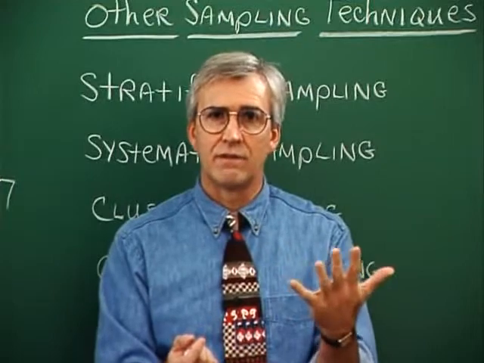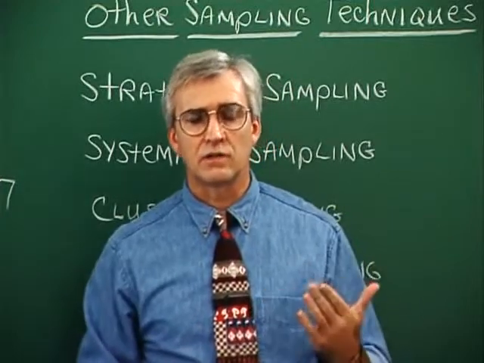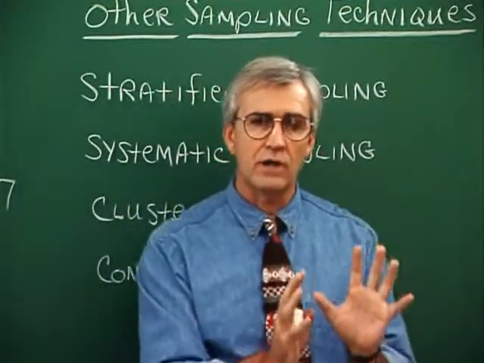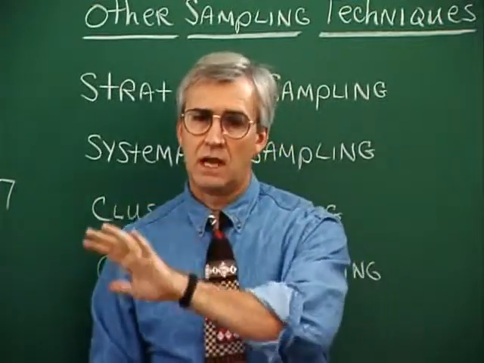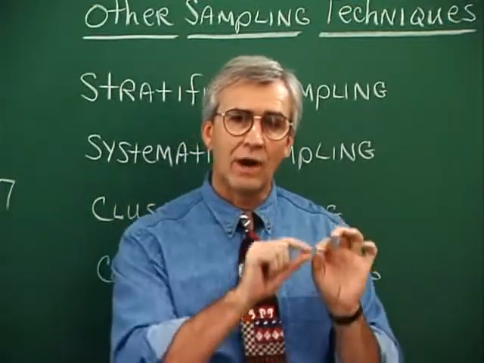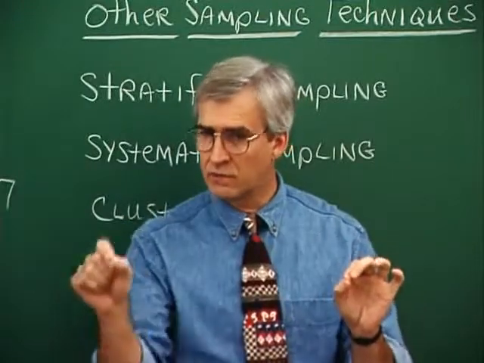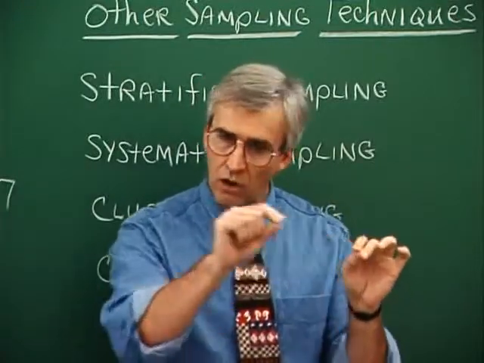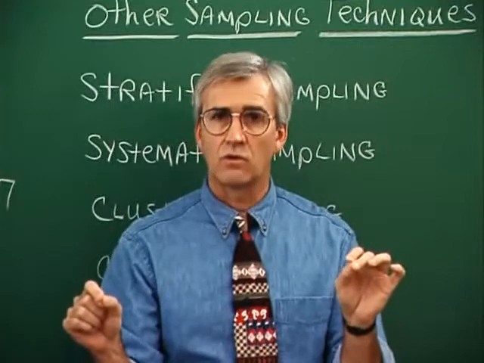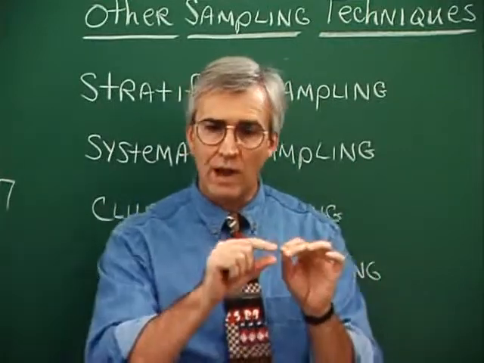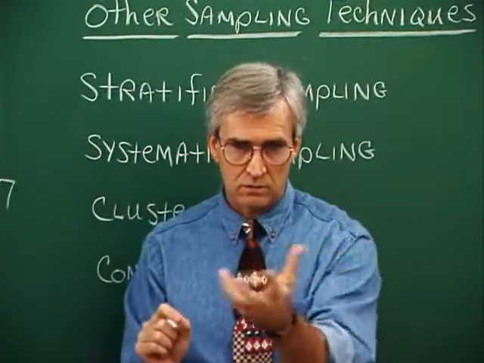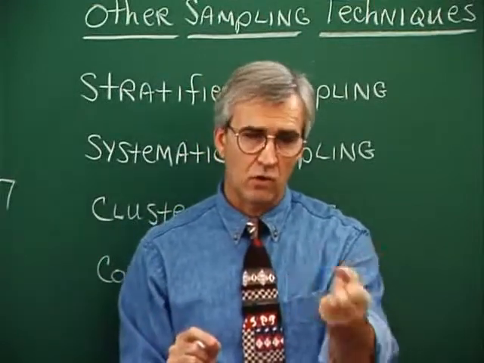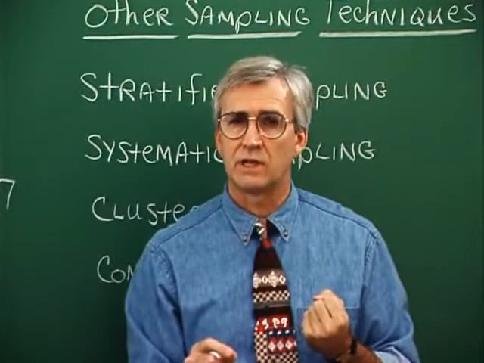involving 5 of them. Now, the cluster idea is that the corporations represent clusters. And what we'll do is we'll assign a number to all of those, let's say 2,000 corporations, and we will randomly select the number of those corporations we want to sample, let's say 10.